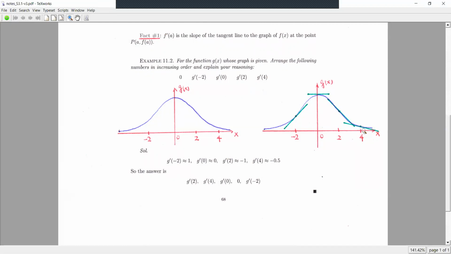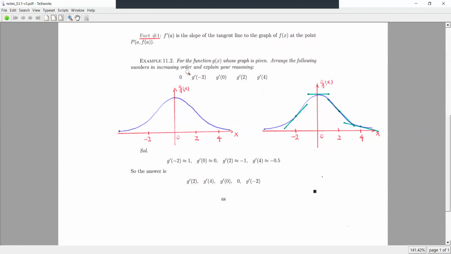My guess is about -0.5. Therefore, I have that the derivative of the function at 4 roughly is -0.5. Now, after I have this information, I can arrange these 5 numbers in increasing order.